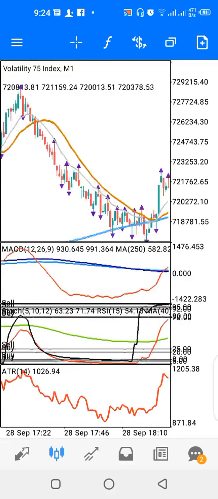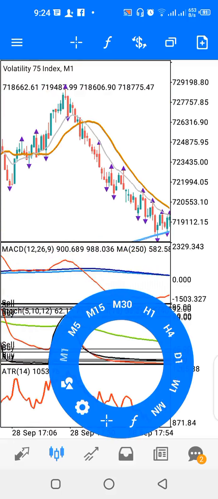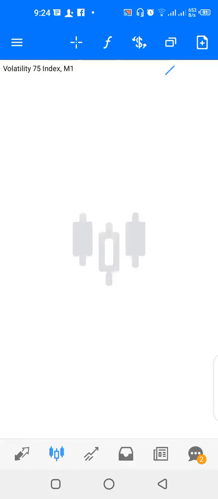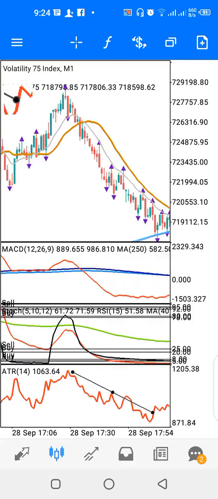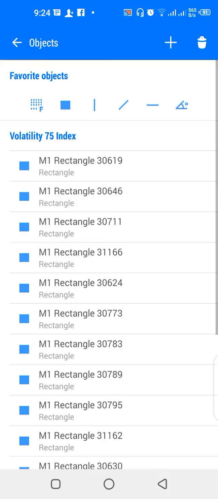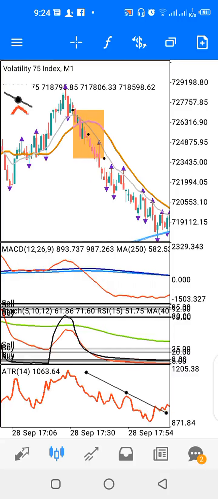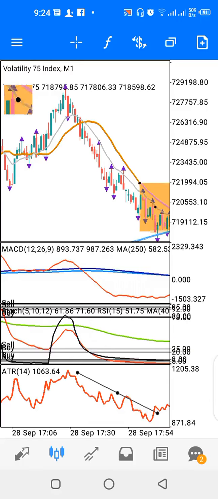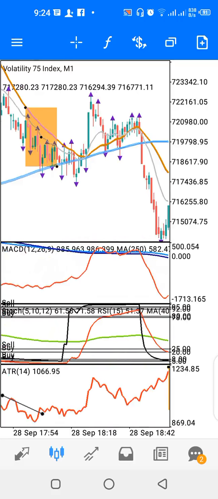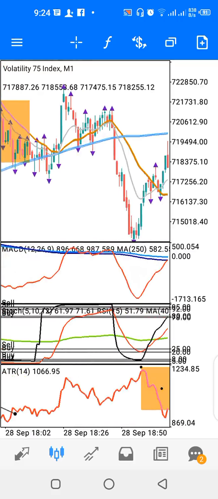So you have the average true range sloping downwards around here, and you have your sell signal. You can see your sell signal around here. You can see the way price dropped and continued to drop.